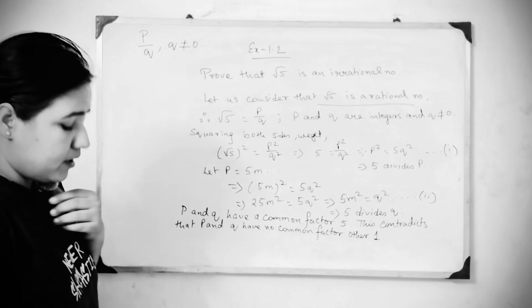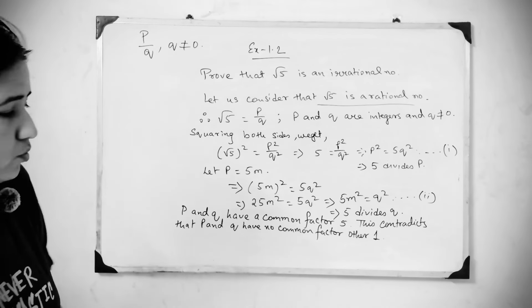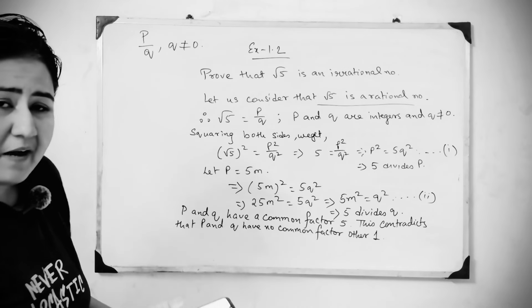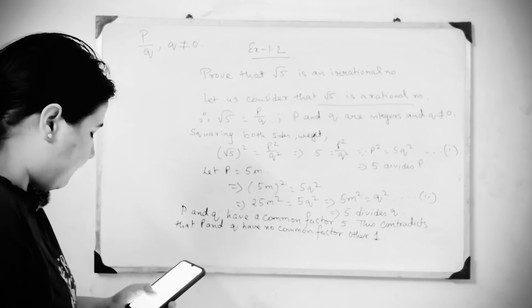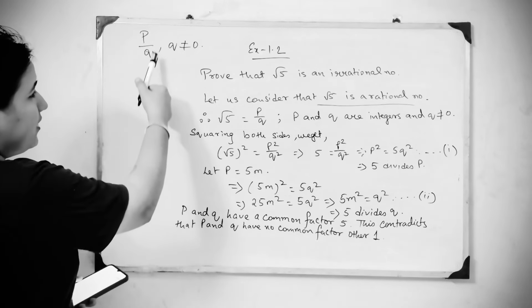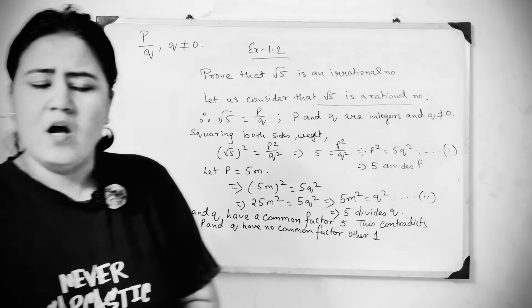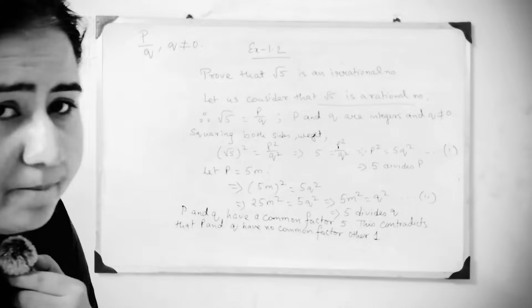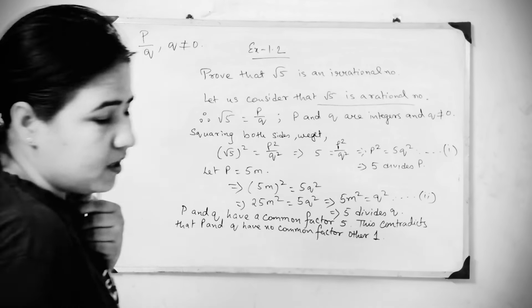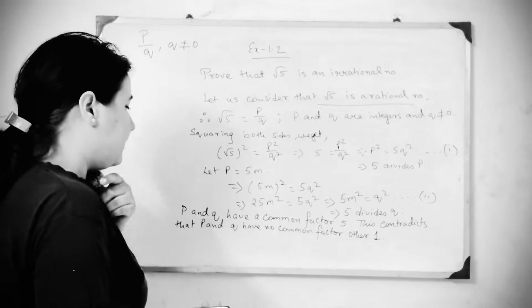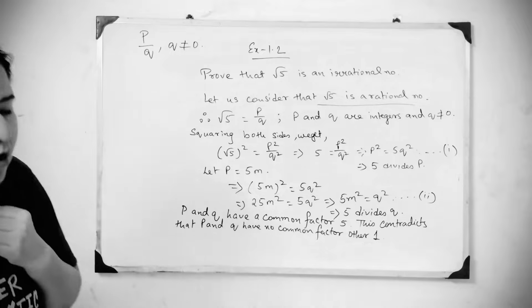So we can conclude that p and q have a common factor 5, which contradicts the fact that they do not have any common factor. When we are considering the rational number p by q, they are not supposed to have any common factor other than 1. Then only they can be in the simplest form and in the correct form of p by q, right? But here we are seeing that they have a common factor.